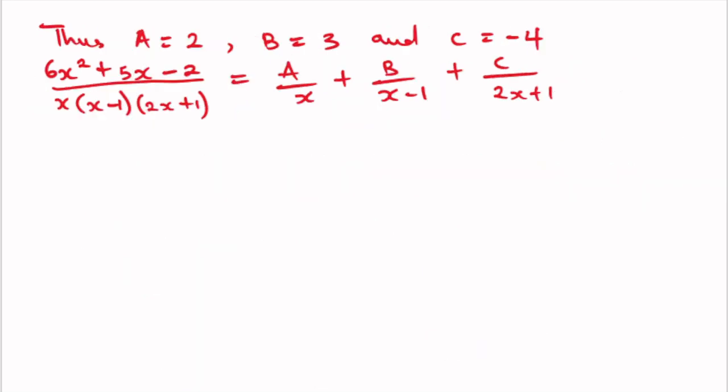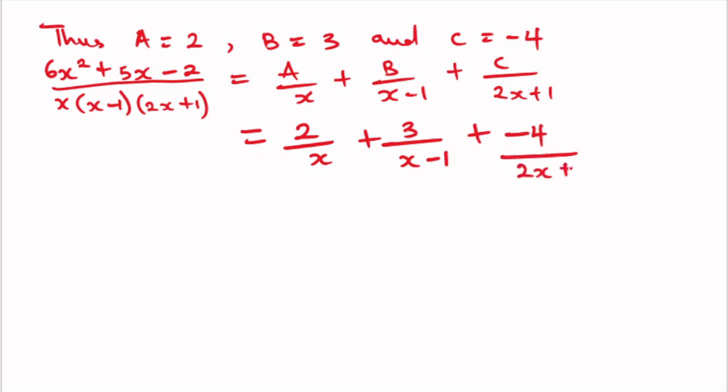So now that we've gotten the values for a, b, and c, we'll substitute the values for these constants in the expression. So our partial fractions become, for the value of a, we'll have 2 over x, plus for the value of b, we'll have 3 over x minus 1, plus for the value of c, we'll have minus 4 over 2x plus 1.